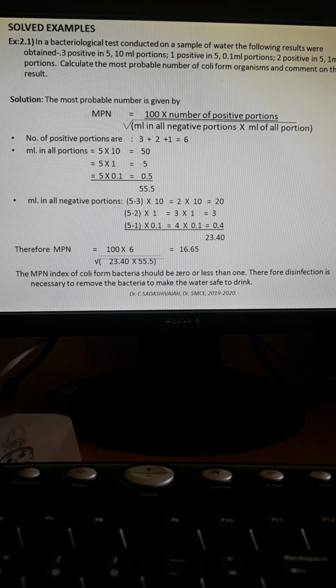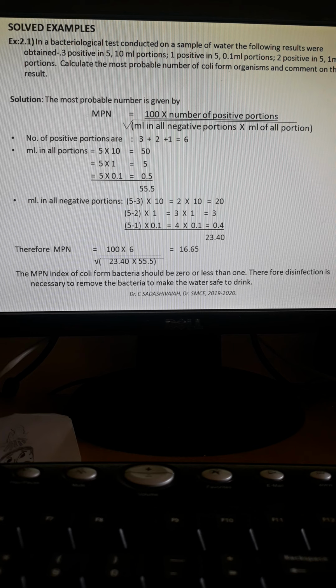It means that 3 sets of 5 test tubes, therefore 3 into 5, 15 test tubes were taken, in which nutrient medium was already there, to which we have poured the water sample quantity of 10 ml to the first set, 1 ml to the second set of 5 test tubes, and 0.1 ml to the third set of 5 test tubes.